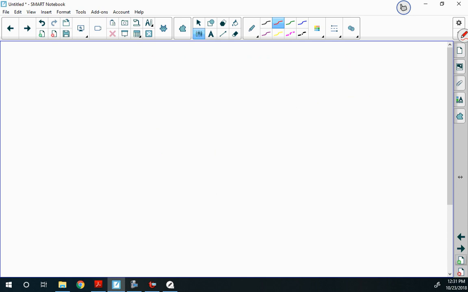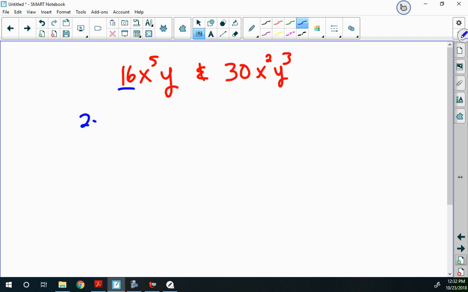Let's try another one. Let's try 16x to the 5th y and 30x squared y cubed. So again, if you're not sure with the numbers, break it down into its prime factors. 16's 2 times 2 times 2 times 2.